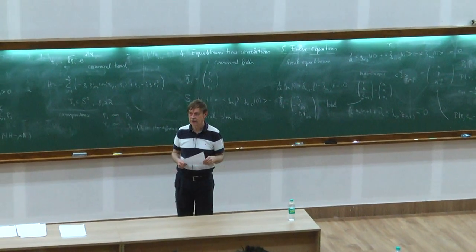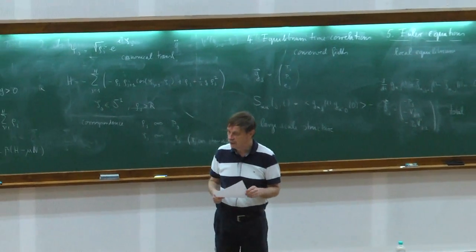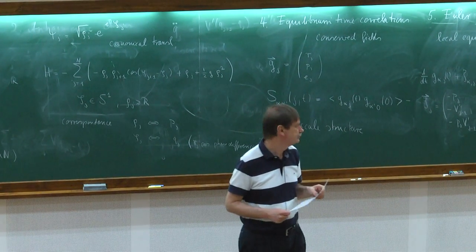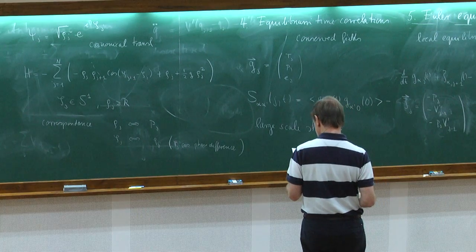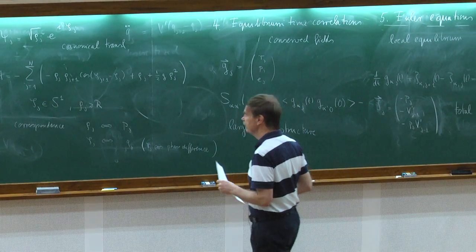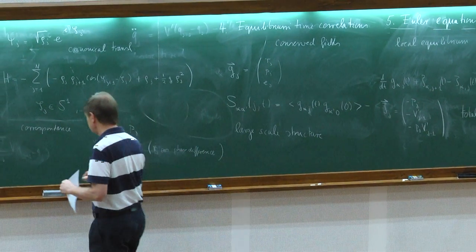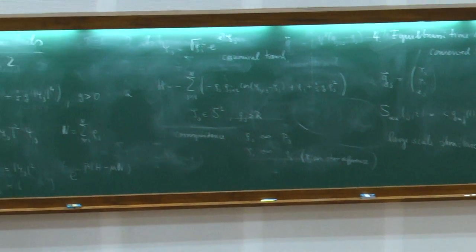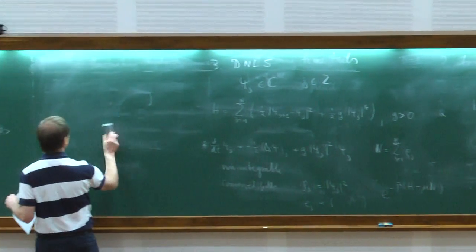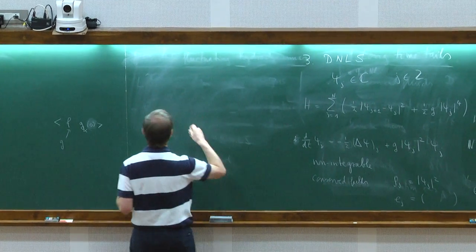Okay. So now let's do the Euler equations for the DNLS. Just as a small addition here. That's very easy.